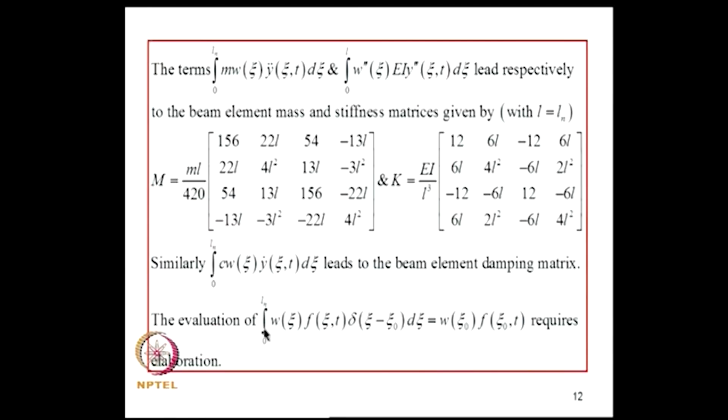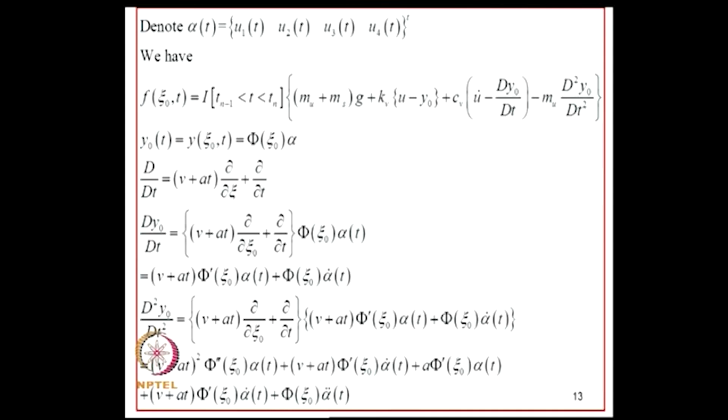Now the evaluation of the other term, which is W of psi f, the wheel force term. Since this is a Dirac delta function, we can quickly do the integration, it is given by this. So this requires elaboration. Now what I will do is use alpha of t to denote the nodal degrees of freedom u1, u2, u3, u4 transpose. So it is a 4 cross 1 vector.